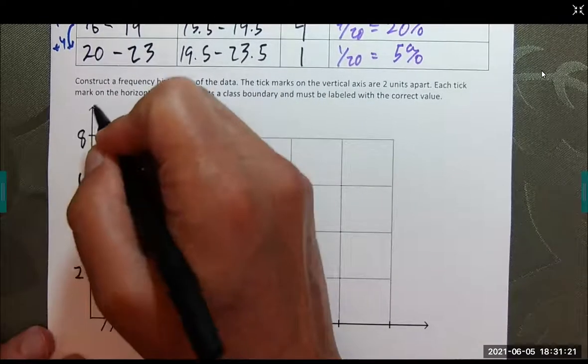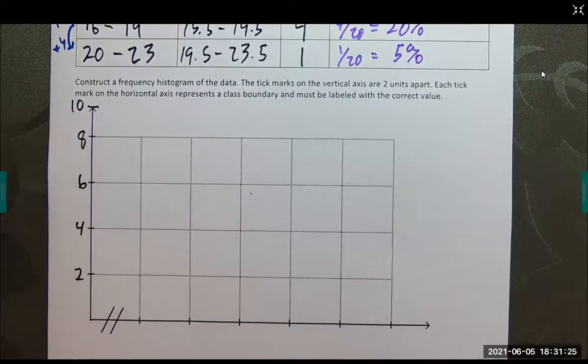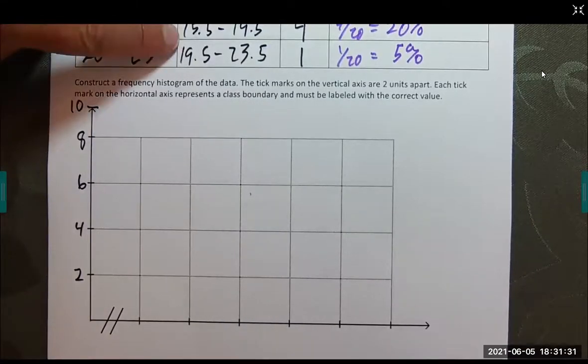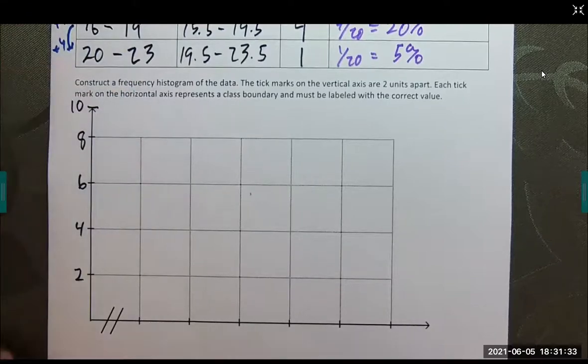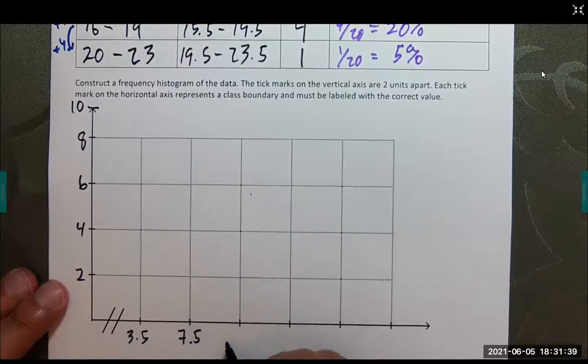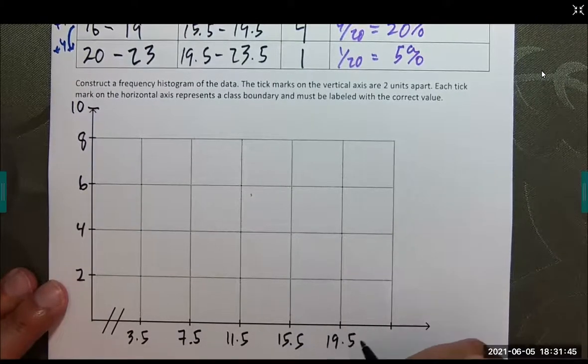Ooh, we need one more. 10. And on this axis, we are going to go with the class boundaries. So the lower is going to be 3.5, 7.5, 11.5, 15.5, 19.5, and 23.5.